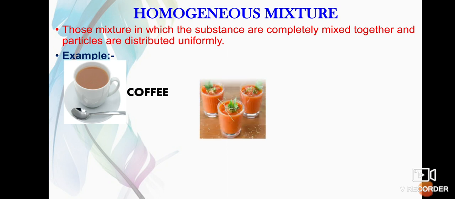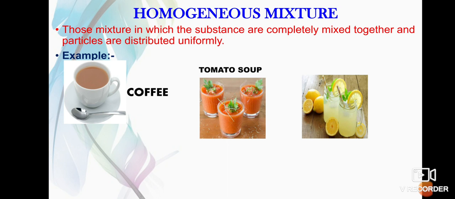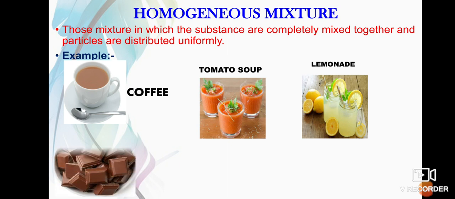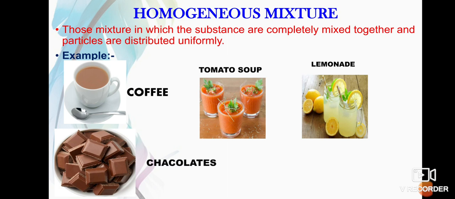So they are combinedly mixed together. Just like tomato sauce, means tomato soup, lemonade, means lemon water. Then chocolates, we use different types of components to make a chocolate.